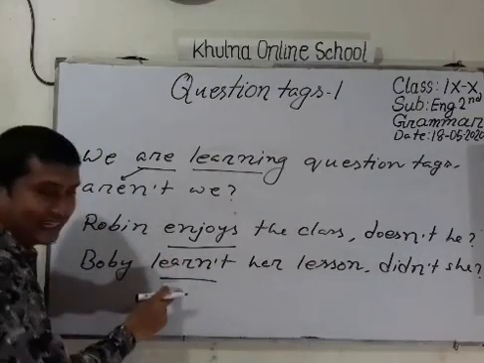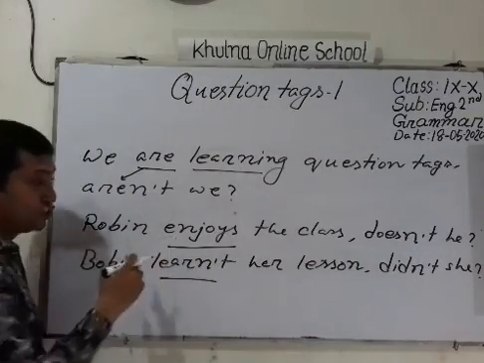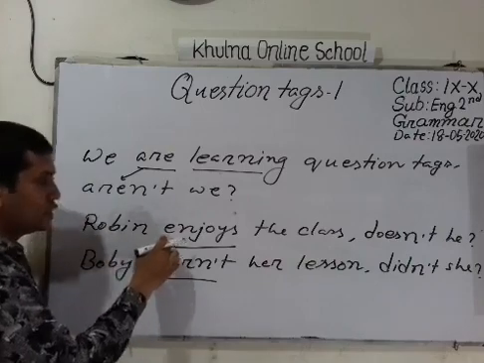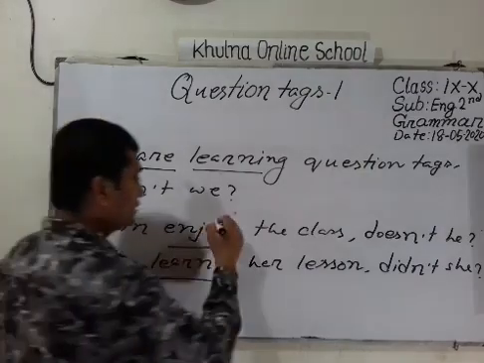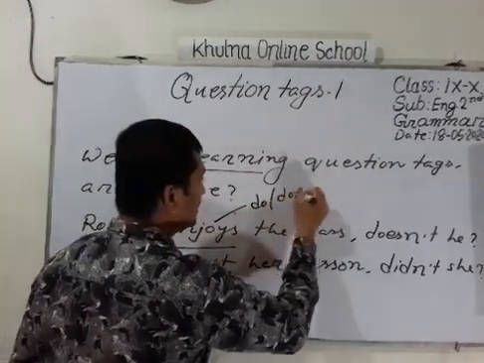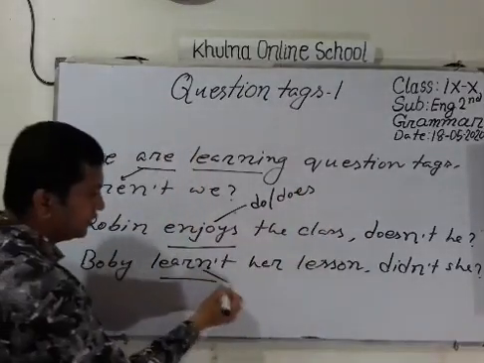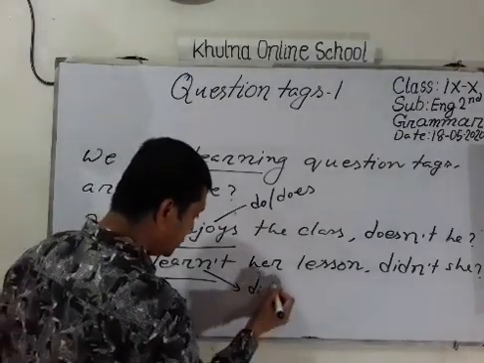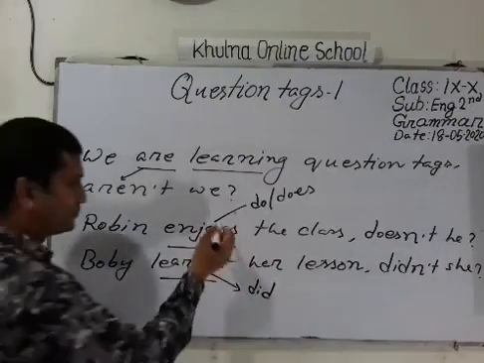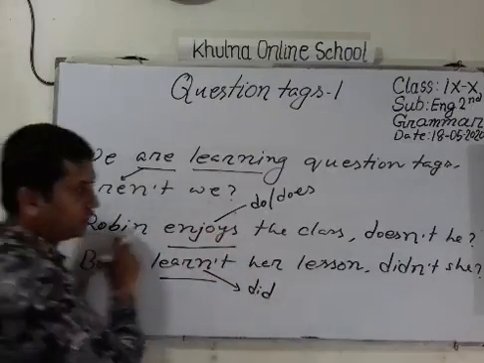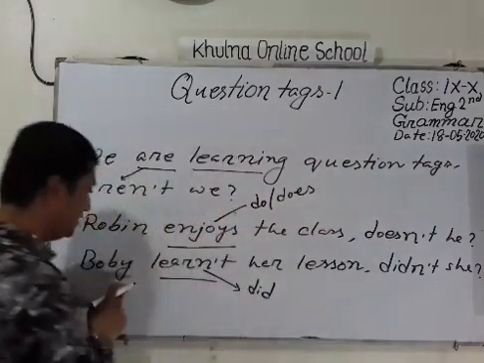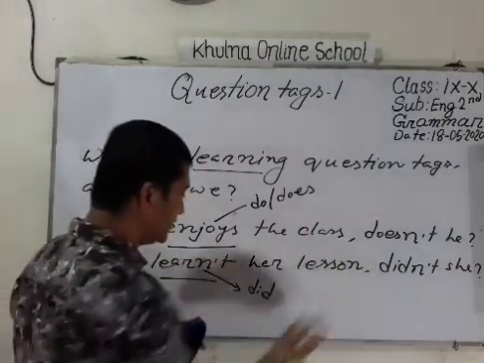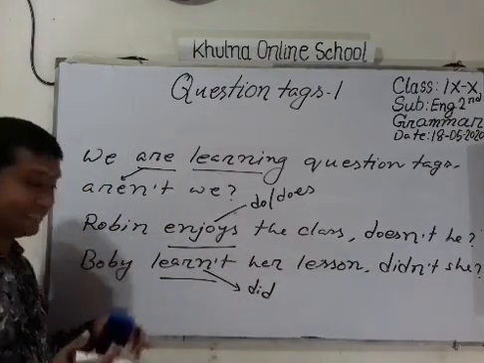Enjoys is present simple tense and learned is past simple tense. For present simple tense, we use the auxiliary do or does. For past simple tense there is only one form of do, and that is did. So you can see we have taken does for the third person singular. Bobby did: always use did for the past simple tense as an auxiliary.